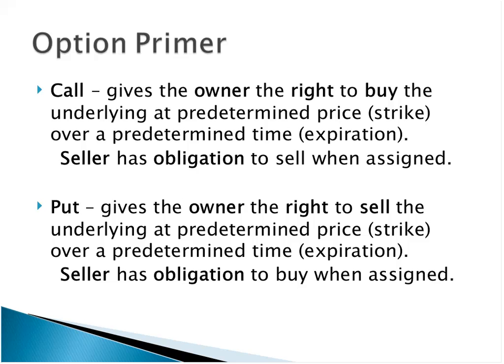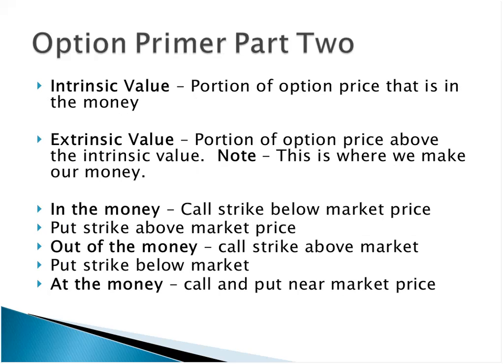So the put holder has the right to exercise, to sell an underlying at a predetermined price. The seller has the obligation to buy at that price. So buyers have rights, sellers have obligations in options. Pretty basic stuff.